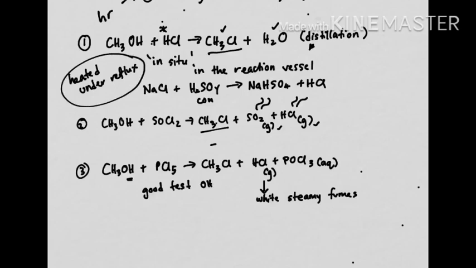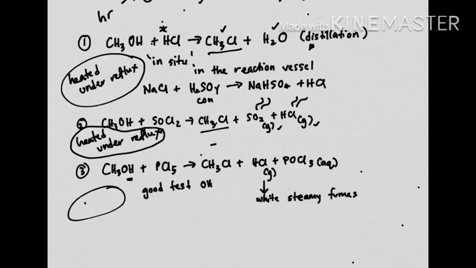Here the second reaction is also heated under reflux, but the third reaction, because it's a test, one of the reasons why this is selected as a good test is that it is done at room temperature. So you do not need to heat the reaction with PCl5.